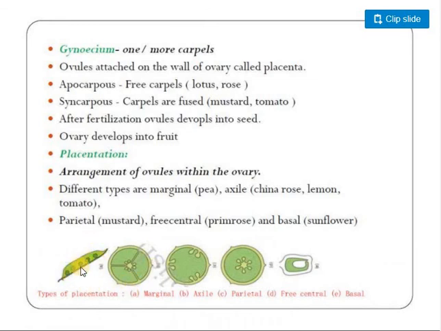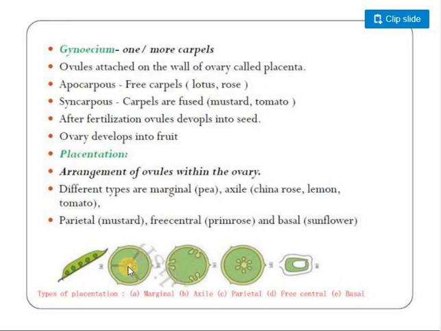This is the pea plant, and in pea plants the placenta is located on the wall, and hence the ovules are attached to the wall of the ovary, and this kind of placentation is called marginal placentation.